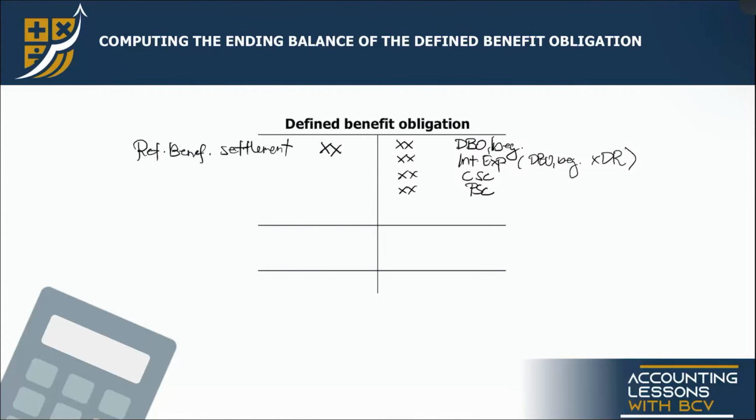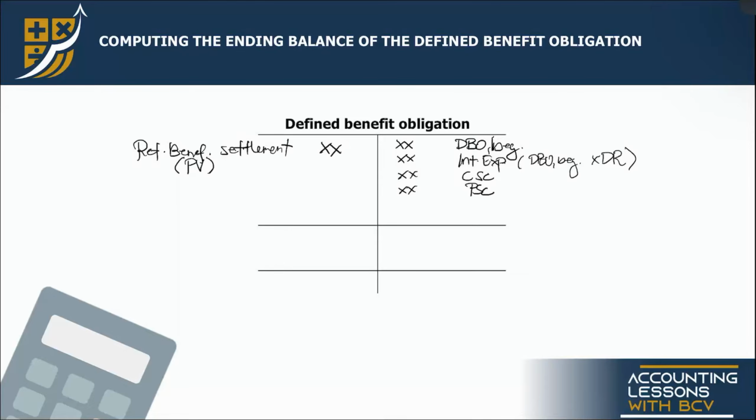Okay? Pero tatandaan nyo, dapat itong settlement na ito is in terms of its present value. No? Present value. Okay? So, pagdating dito kasi sa retirement benefit settlement, kapag yung mga employees mo nag-retire naman on the normal retirement date or as expected, di ba? The PV will simply be equal to its settlement price.